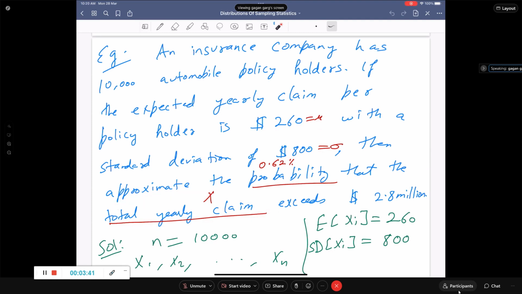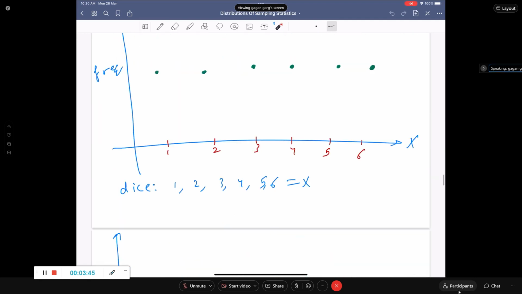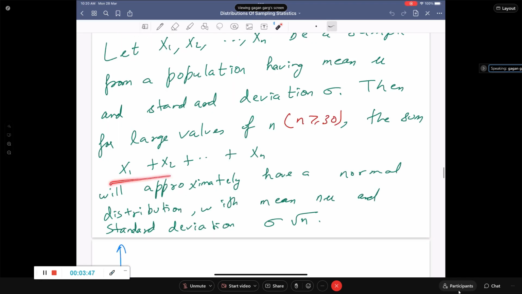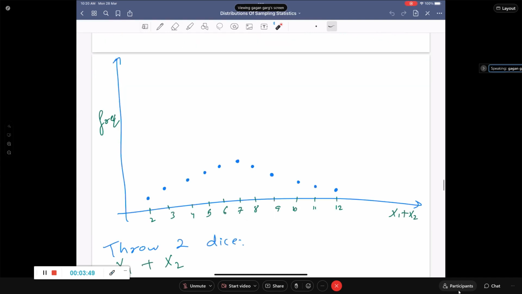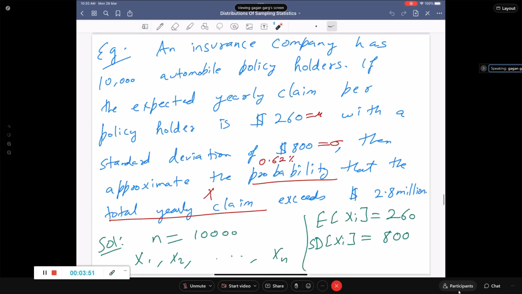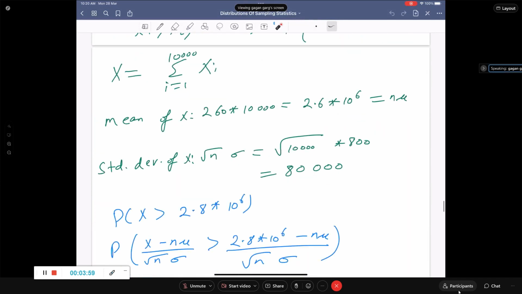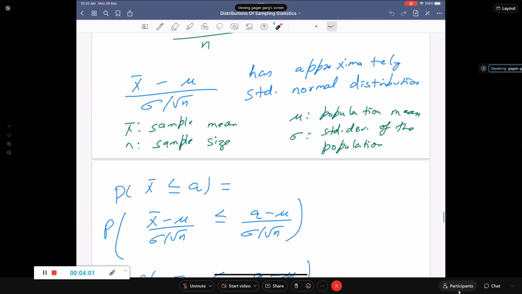So you're talking about total yearly claim. So the central limit theorem comes into play. Central limit theorem is about the sum of random variables. So when we are talking about total yearly claim, we are talking about the sum of random variables.